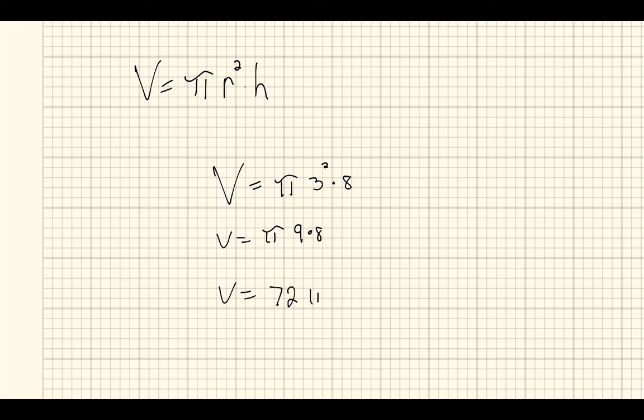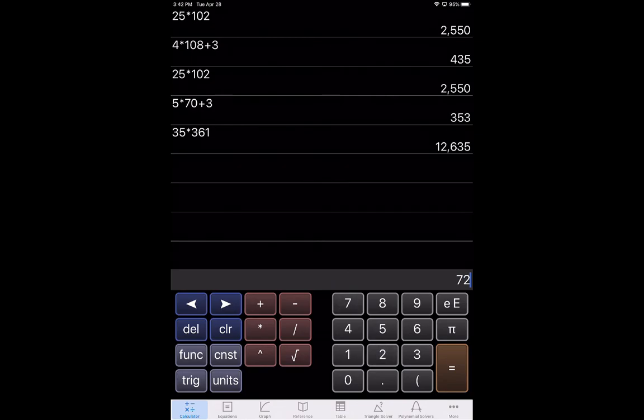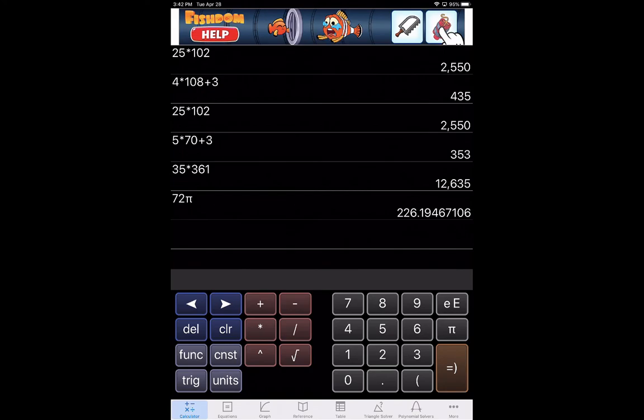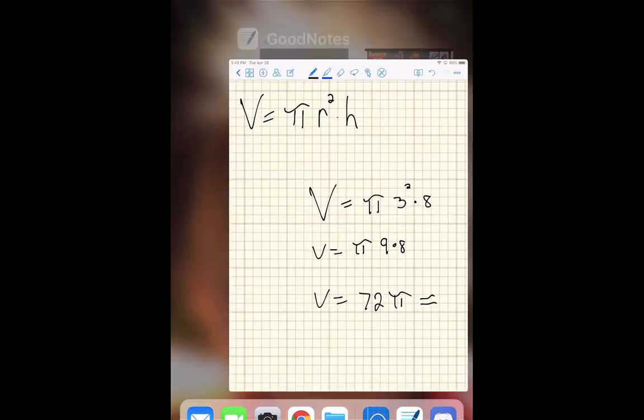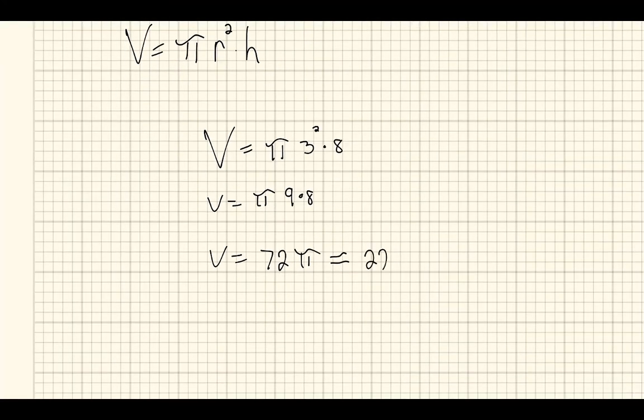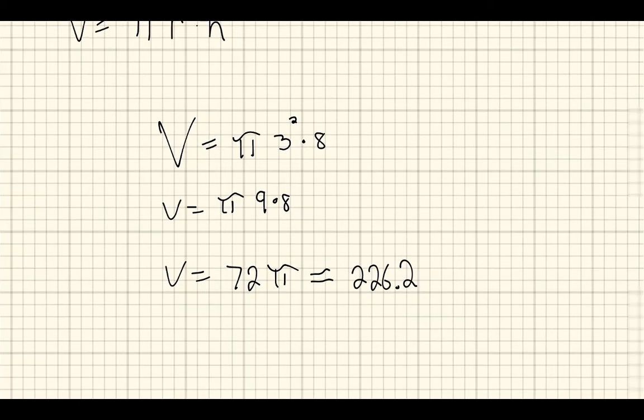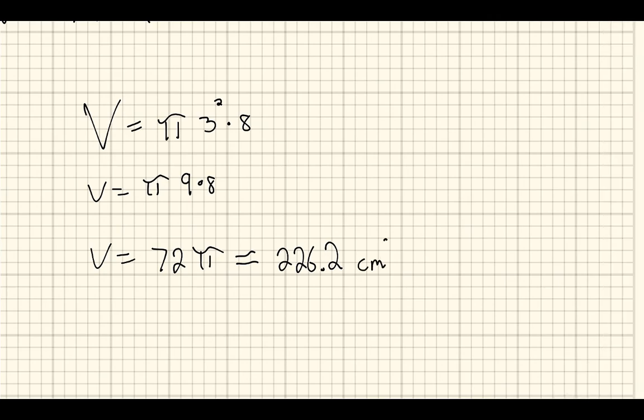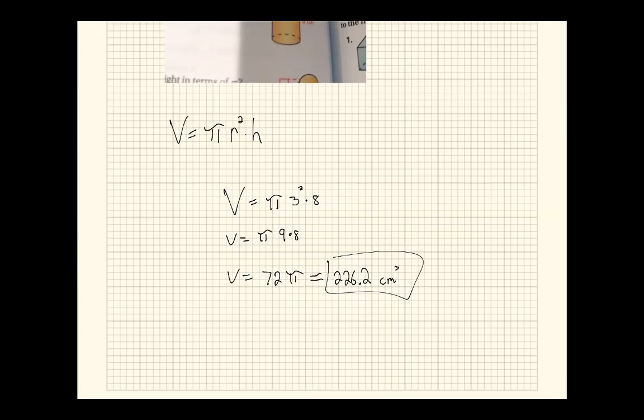So this is 72 pi, which is approximately 226.19, we'll say 226.2. The units were centimeters, so centimeters cubed. That was my answer for the cylinder one.